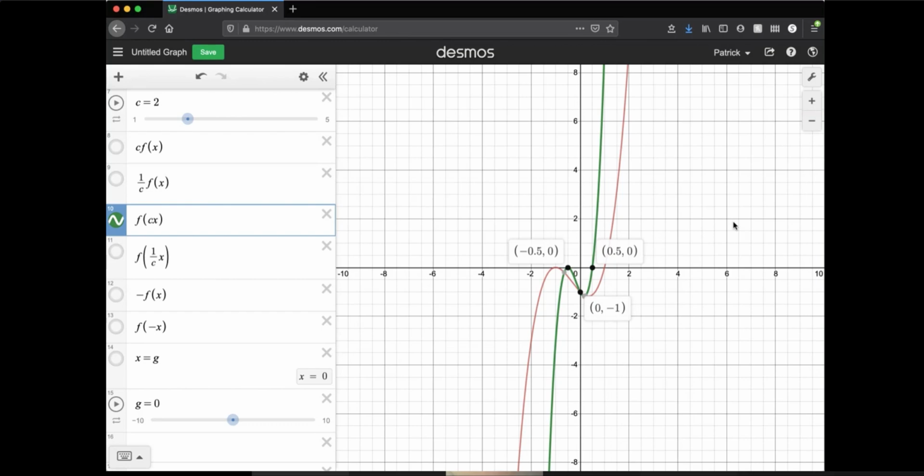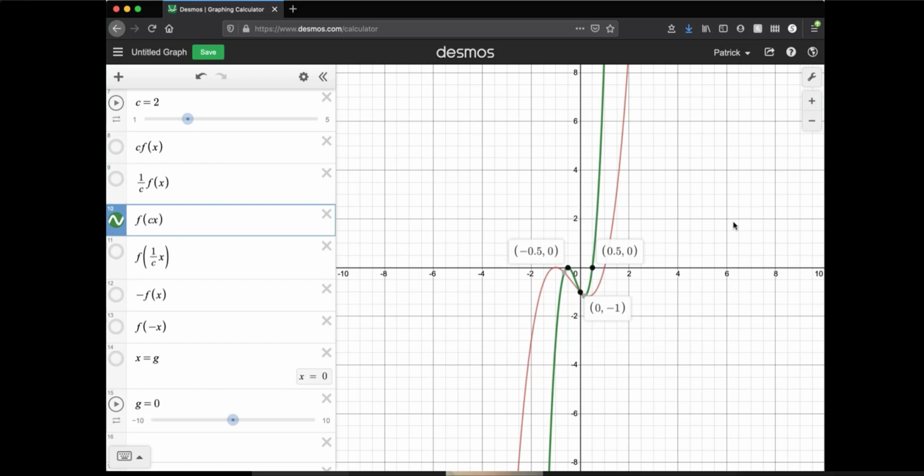When it comes to the effect for this one, again, this is the middle column, fourth row down. The effect is a horizontal shrink by a factor of C. And the way you can tell if it's a vertical or a horizontal stretch or shrink is based off of which of the intercepts have changed.